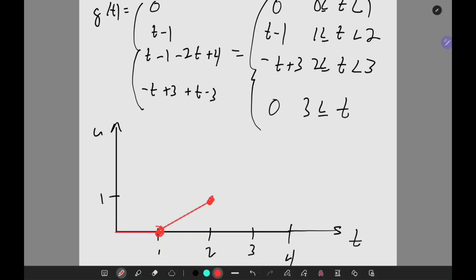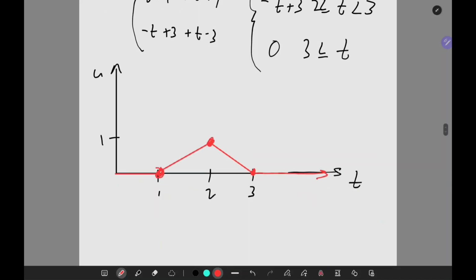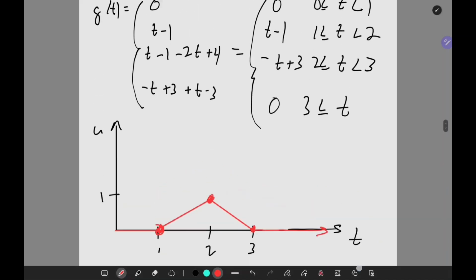So if we plug in a 2 there, t equals 2, that would start at 1. So it starts here. Slope of negative 1, go down to here. It would be open, but then it gets overlapped with a closed as it goes on forever after that. Right? That's the graph of this one.